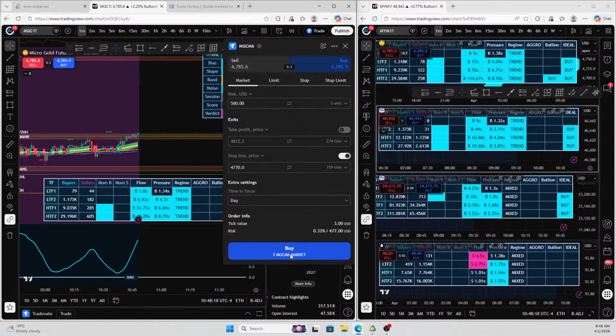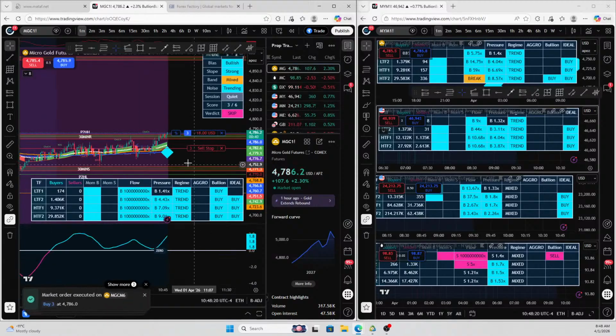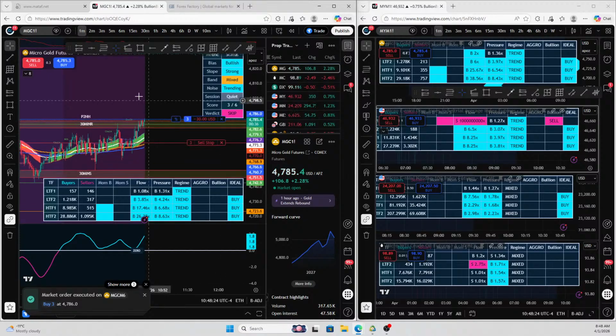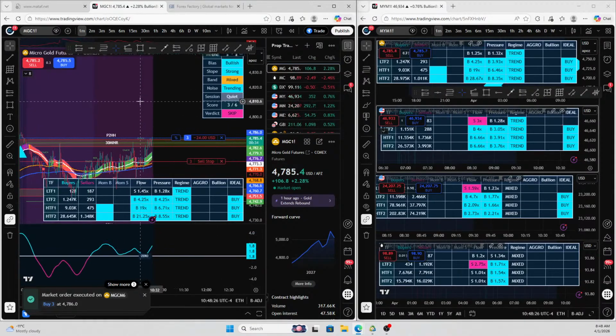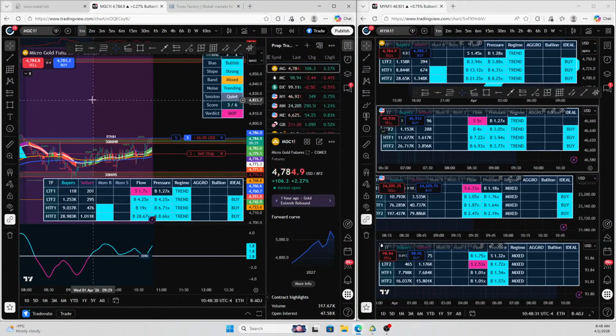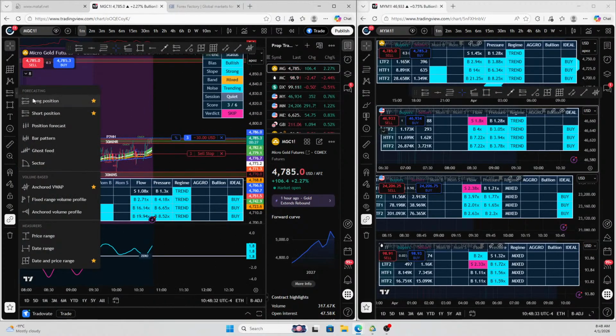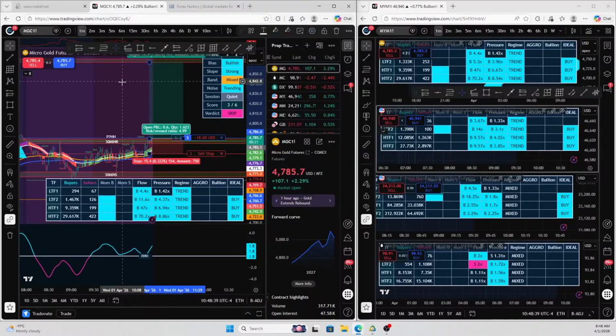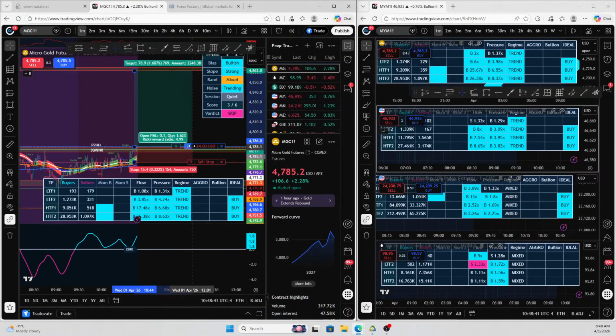Okay, enter there. Stop right here. Risking $500 on the trade. Maybe targeting this high. Let's see.